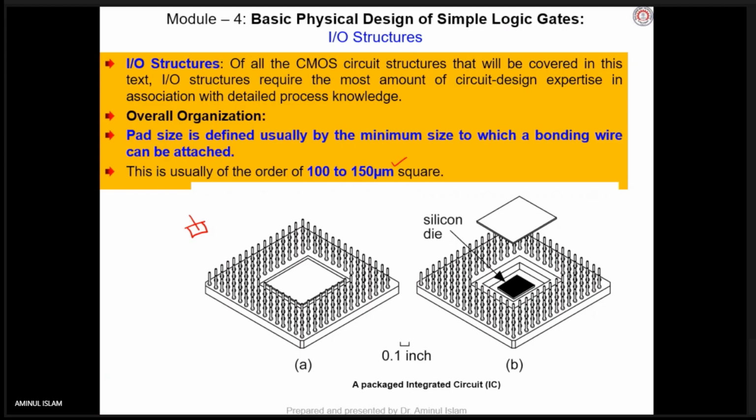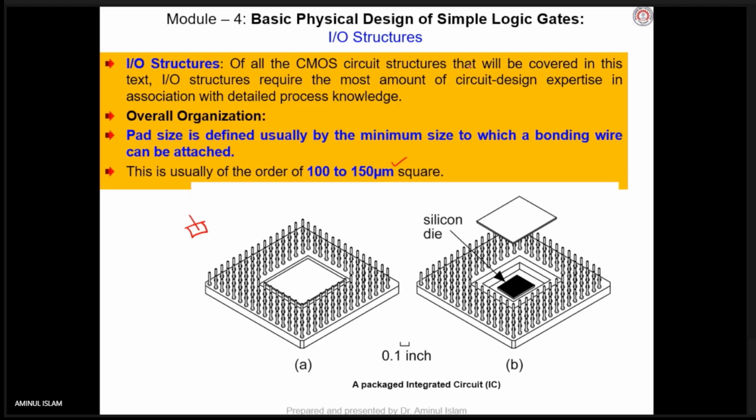In that it may have diodes and resistance and capacitance, which altogether form the electrostatic discharge protection circuit. And you may have the transistors also, input or output transistors. And how they have to be sized, that is the topic of discussion today.